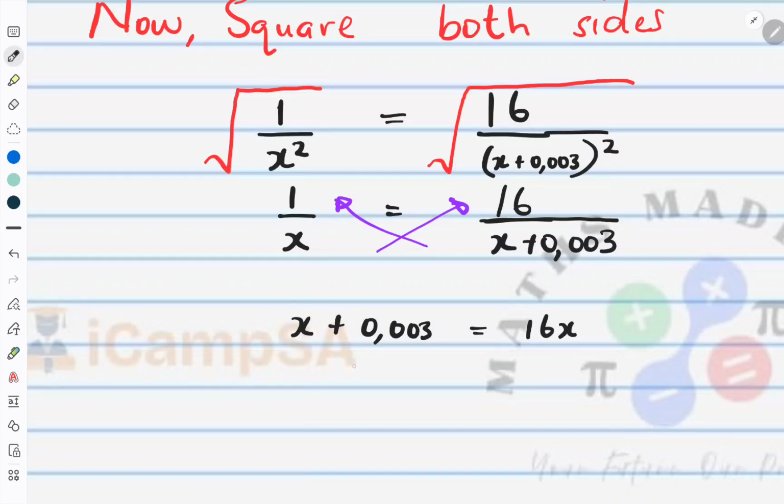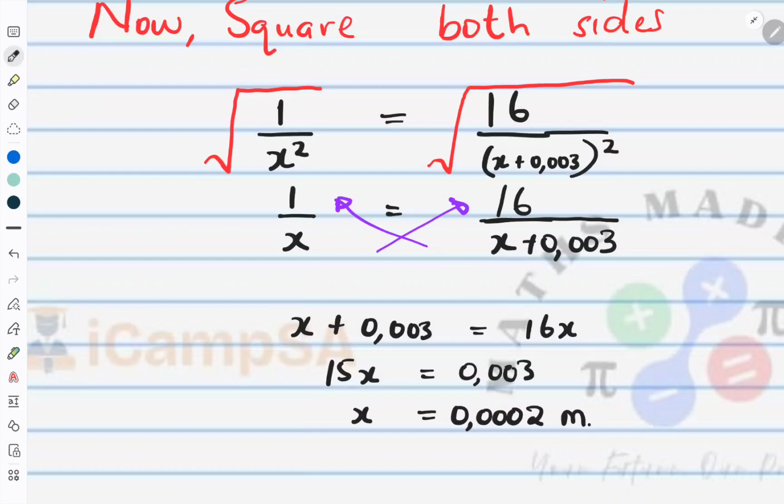You transpose, then you have 15x is equal to 0.003. Then x, you get your answer to be, I get 0.002 meters. Right, that's my x.